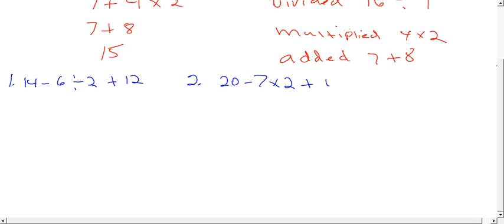And number 3, I have 2 times 13 minus 7 times, let's make that minus 2. Minus 2, and then let's multiply that times 7.